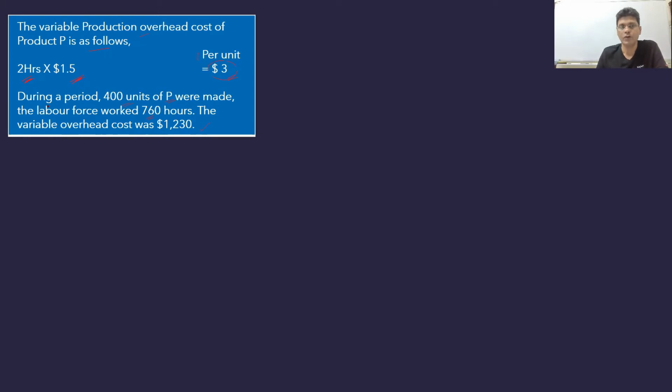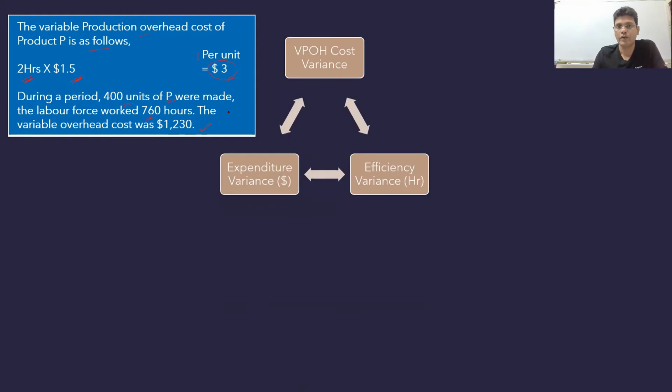During a period 400 units were made, and they actually worked 760 hours, incurring $1,230. As I told you, variable production overhead consists of expenditure variance and efficiency variance.